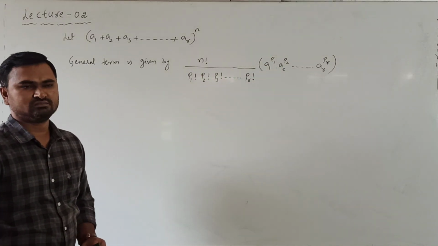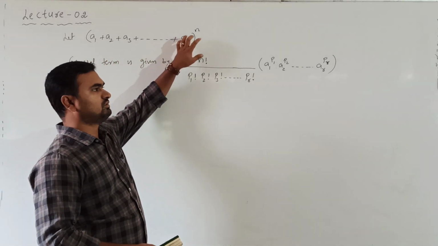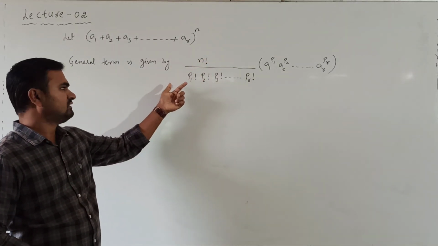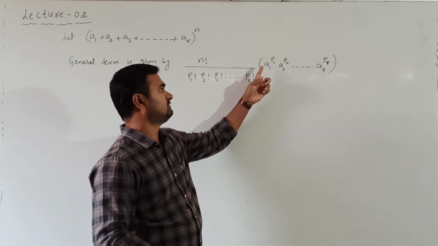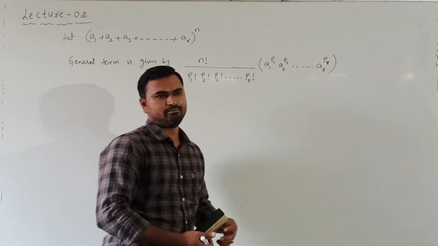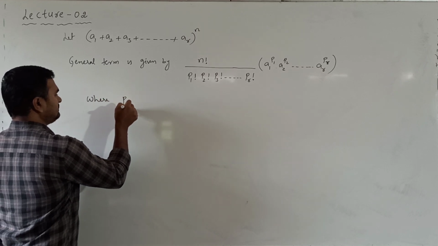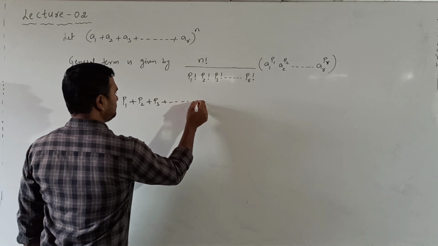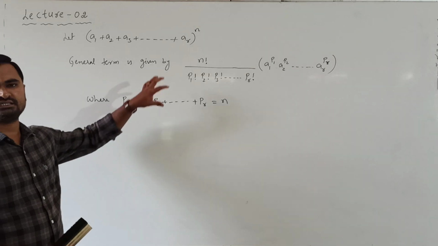This is the general term in the multinomial expansion (a1 + a2 + a3 up to ar) to the power of n, where there is one condition: p1 + p2 + p3 up to pr, the summation, should be the same as the index n.